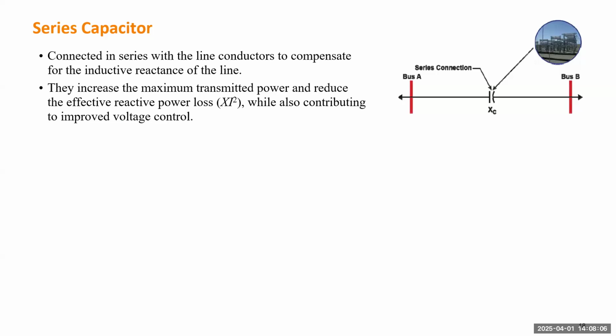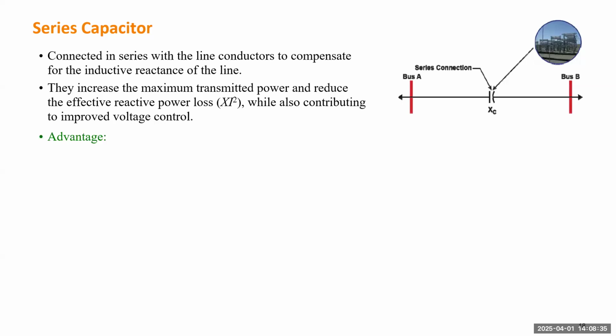One purpose of the series capacitor is to mitigate the impedance of a long transmission line, because most transmission lines will eventually be more inductive. So when you add this capacitive reactance in the middle, it will cancel some inductive reactance, which means you can deliver more active power.